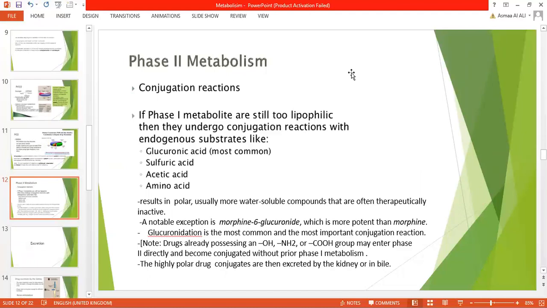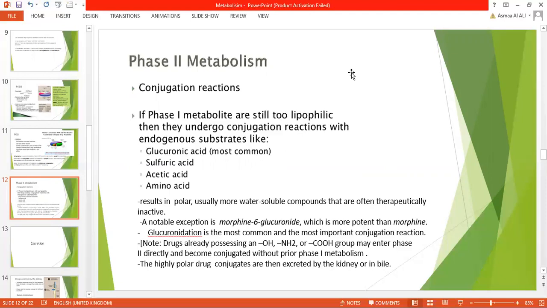For phase 2 metabolism, which involves conjugation reactions. If the metabolite from phase 1 metabolism is sufficiently polar, it can be excreted by the kidney.